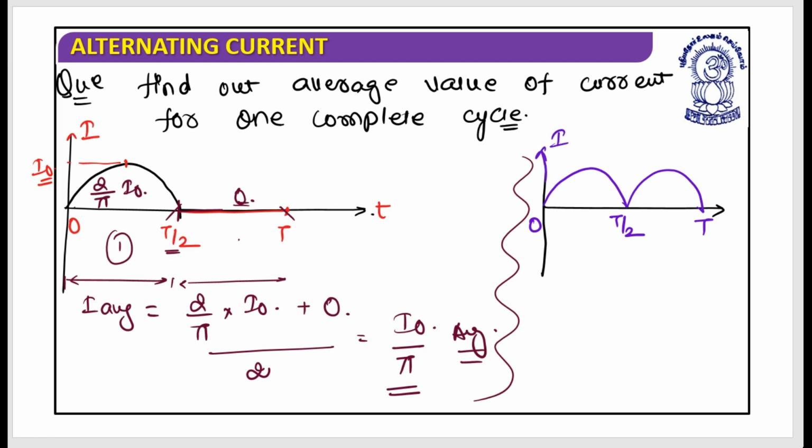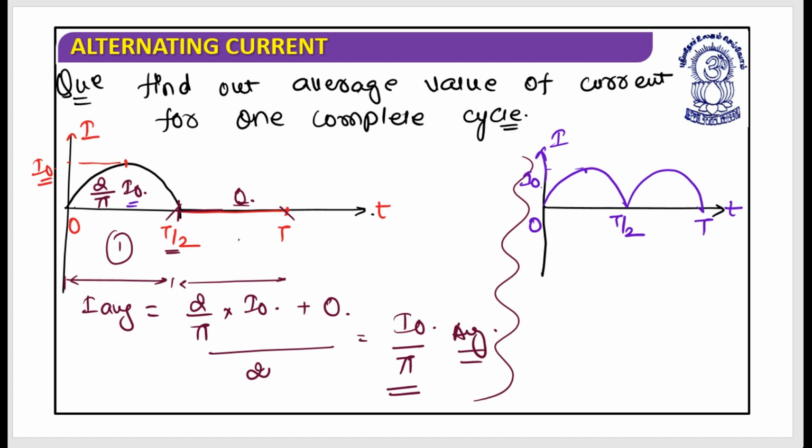Let's say this is I versus t. I'm writing this for the current; the same holds for the EMF or voltage as well, only this I naught will be changed to E naught. This is I naught. So now I want to find out the average value of this cycle.